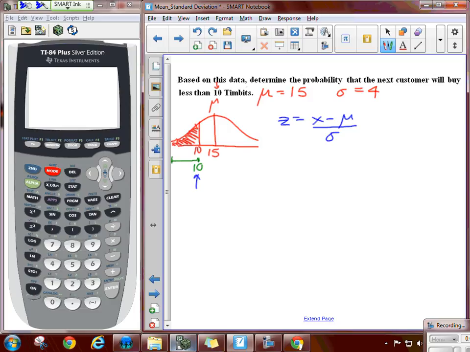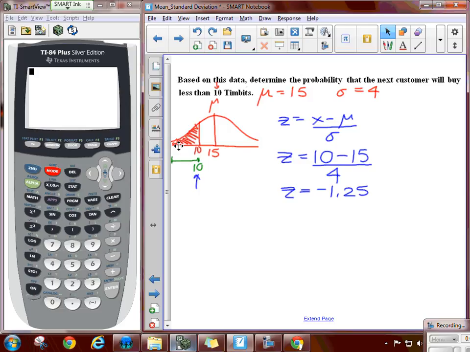So if we continue this out, a z-score of 10 Timbits, x is the number we're talking about, would be calculated by 10 minus the average, which is 15, all over the standard deviation, which is 4. So this z-score, when we calculate in our calculator, turns out to be negative 1.25. So that means 10 Timbits is actually 1 and 1/4 standard deviations below the average.